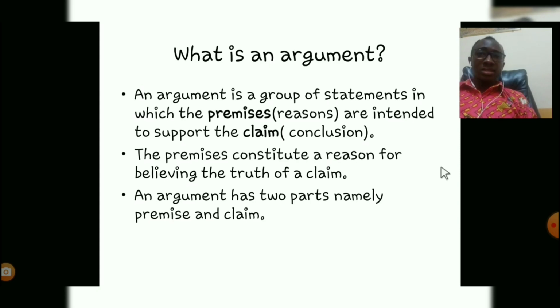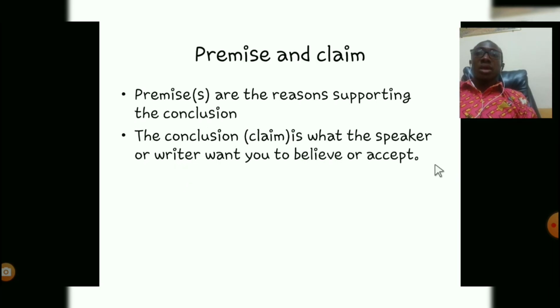Now let's look at the two sides of an argument very well. The moment you say something and you give reasons why you are saying that, you are making an argument. Now we said an argument has two parts, the premise known as the reason and the claim known as what? The conclusion. So I'll be using these two interchangeably. Now let's take the premise.